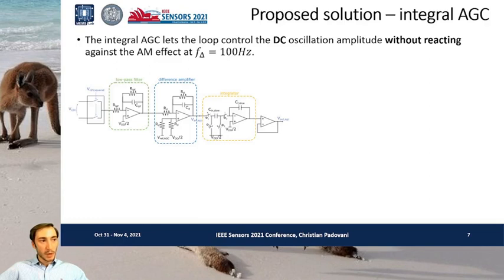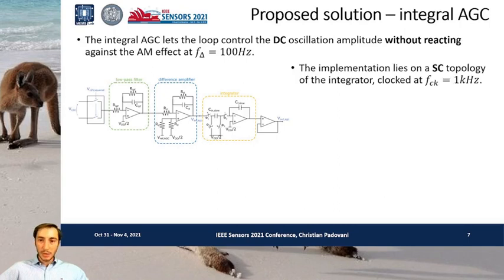The integral type AGC controls only the DC amplitude of the oscillation without reacting against the amplitude-modulated effect at the split frequency. The implementation lies on a switched-capacitor topology with a clock frequency of 1 kHz.